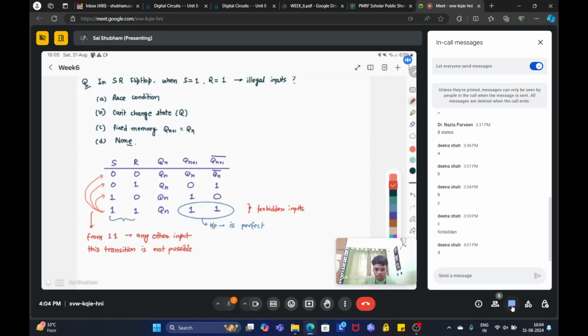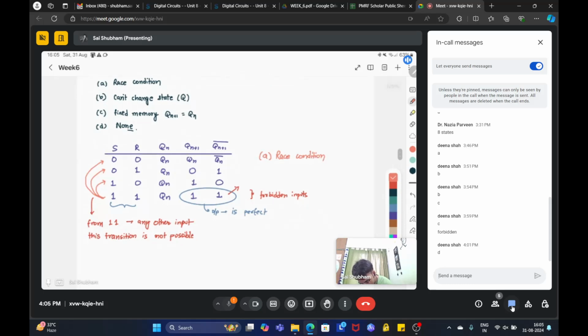Once you reach S equal to 1 and R equal to 1, you will have a perfectly well defined output, but once you reach there, you cannot shift to any other input because that will lead to a condition known as the race condition. Okay. So I will show you how it happens.